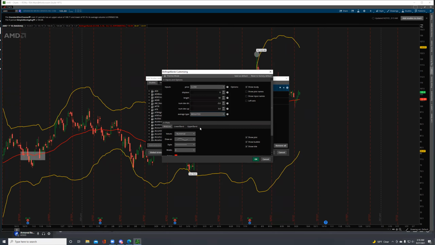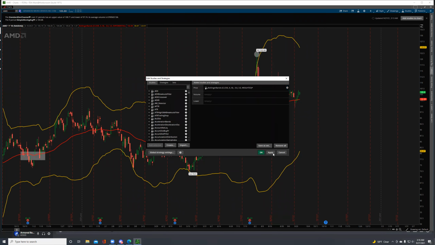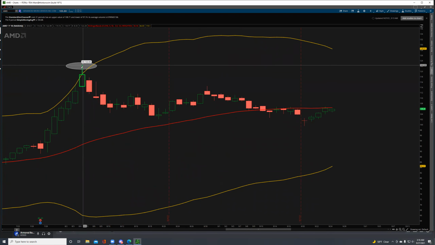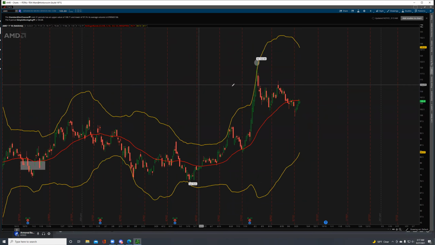Let's go ahead and change it to weighted and see how big it changes. Not terrible, but it gave a little more solidarity on this situation here because it rode up to that point. Let's go ahead and add.